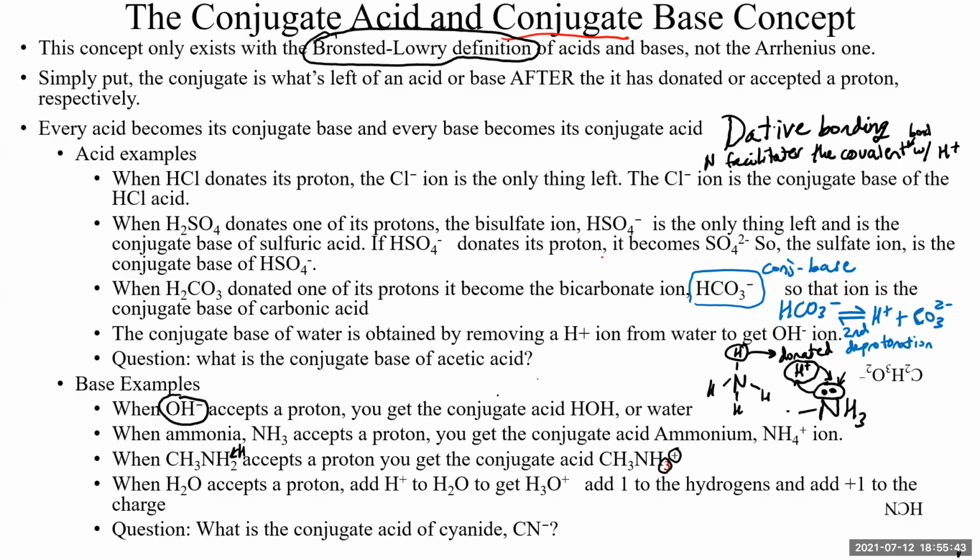Hydroxide ions do, but when they do, they simply become water. So you're not going to see too many situations where a Svante Arrhenius defined base accepts a proton other than the hydroxide ion itself. And of course, water can accept a third proton to become hydronium ion.